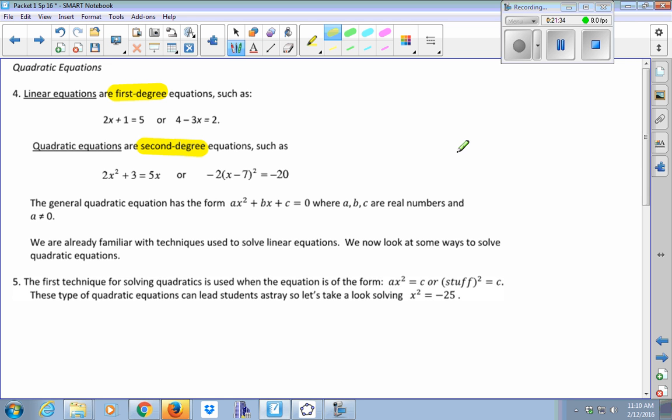Now, we don't call them parabolic equations, which might be helpful because the shape of a quadratic equation is a parabola, but we do call them quadratic, and that means the highest power you see is 2. Sometimes it's your x term. This is a term because it has an addition sign here. Just x is being squared, but sometimes it's a quantity like x minus 7.